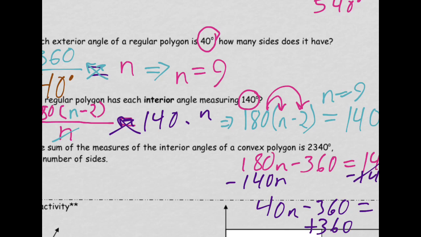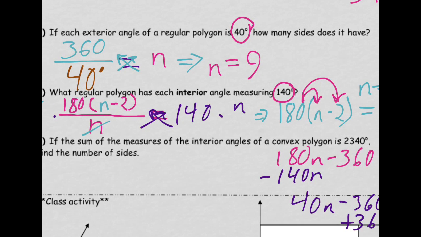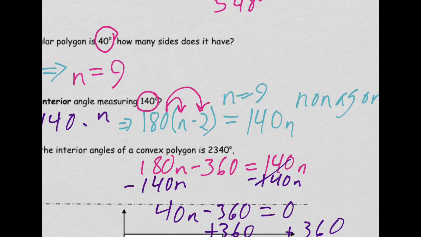Well, if I had just been a little bit more observant, I would have realized that this regular polygon's interior angle is supplementary to the figure that I had just found. 140 is supplementary to 40. And so if those two angles are supplementary, they're the same shape. Ah, Mr. Kelly. Oh, well.